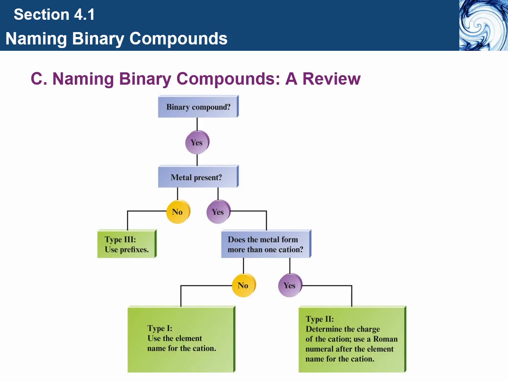If there's no metal present, then of course that's a type 3. That's when we're going to use prefixes, like we just did. If there is a metal present, is that metal likely a transition metal? If yes, then that's a type 2 where we're going to need our Roman numerals. And if it's not, then that's a type 1 and we'll use the element name for a cation. Very simple and straightforward, and none of us are going to mess this up even once. Right?